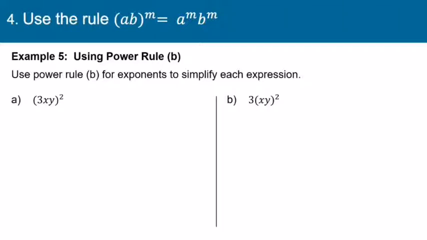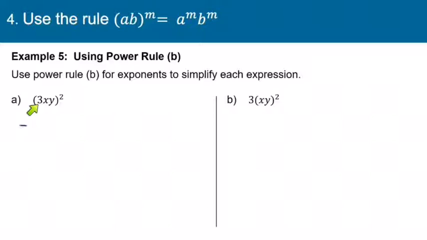Now let's look at example 5, which will give us a little practice using power rule B. So we're going to take this expression 3xy all raised to the 2nd power, and let's see if we can use the power rule B to eliminate the parentheses. So we do have a product on the inside of the parentheses, and that means we can apply this outside exponent to everything inside the parentheses.